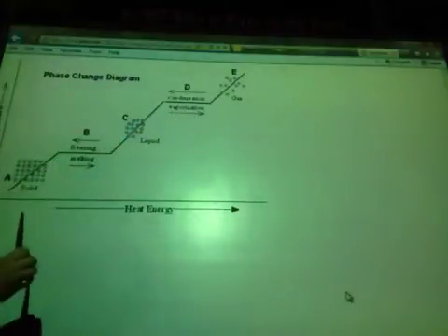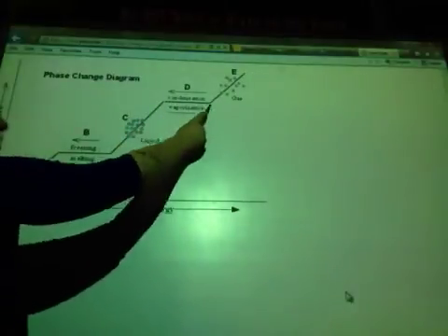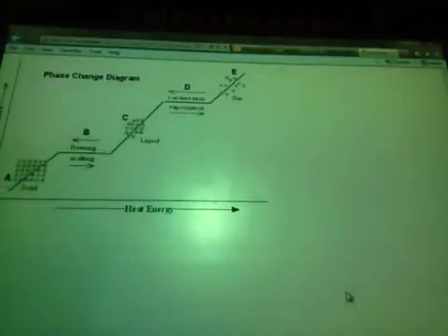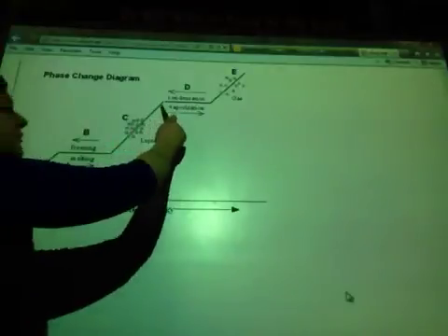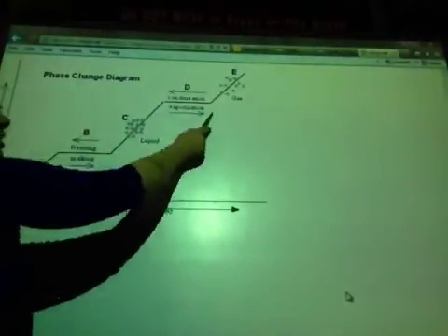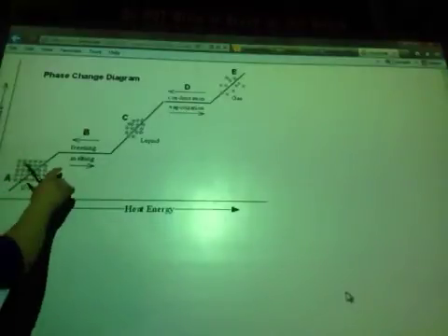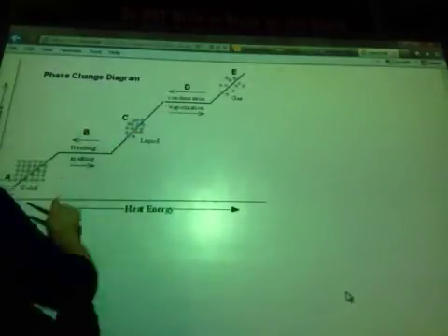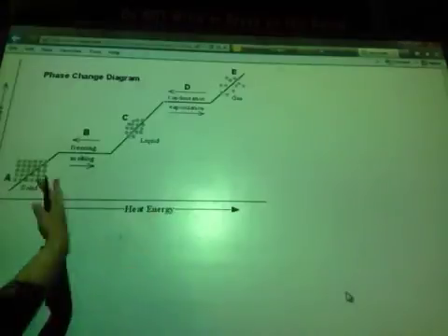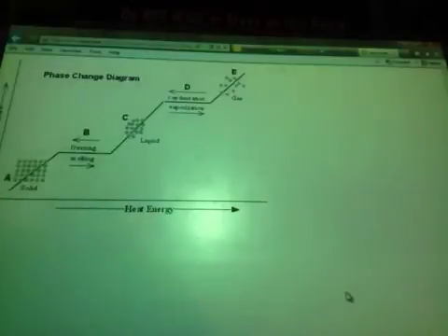It's going to remain constant. I'm going to continue to add energy where my temperature will stop increasing, and that's the point where my intermolecular attractions are weakening, they're breaking, and then I can go truly from a liquid to a gas. We're going to call that, again, vaporization. So these are types of phase changes that require heat. I need to add energy before I can overcome those intermolecular attractions.